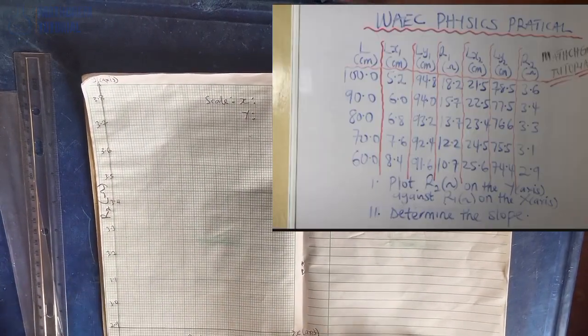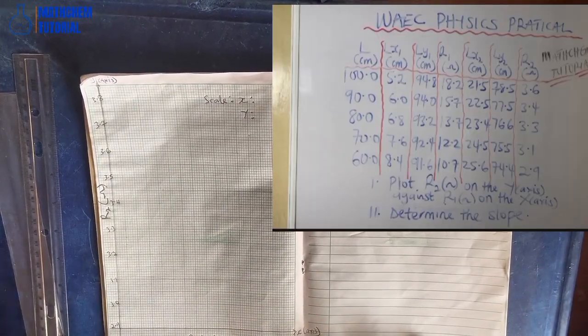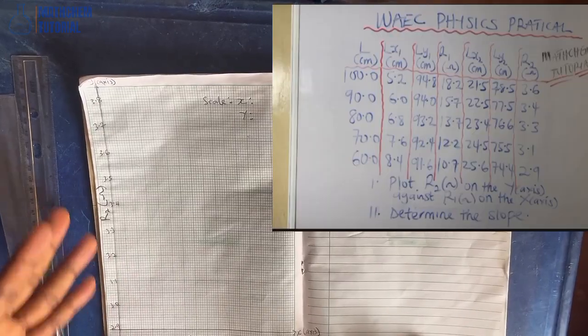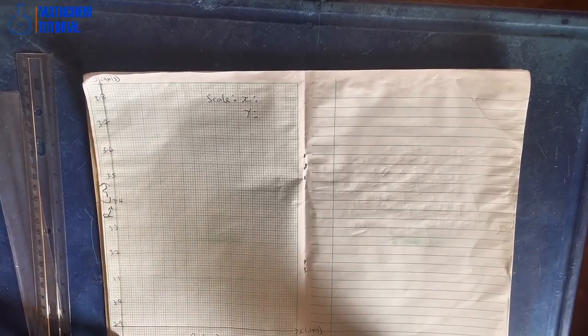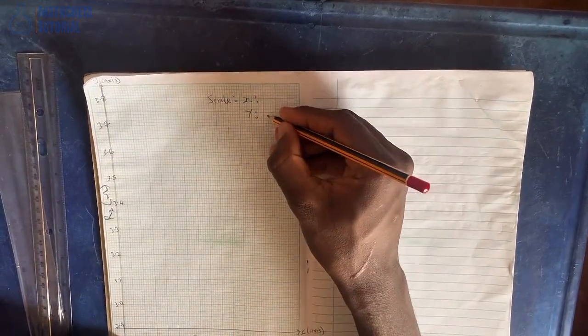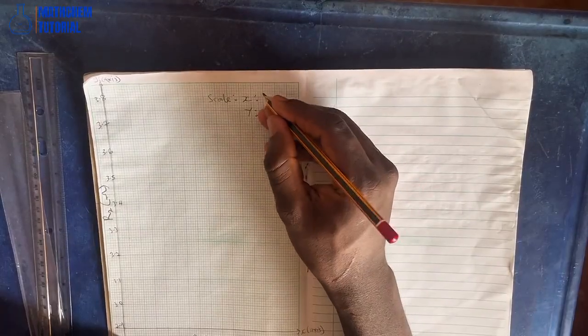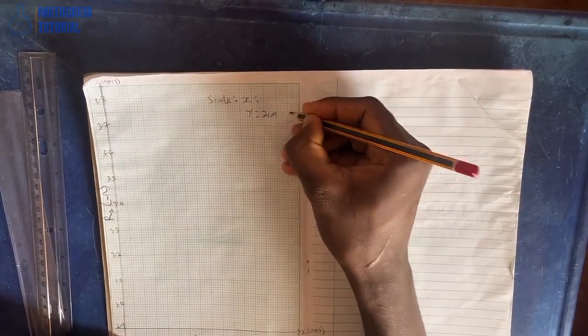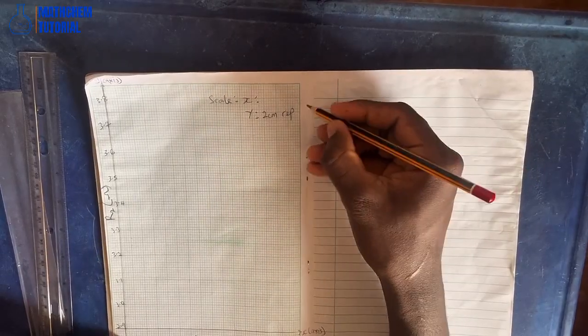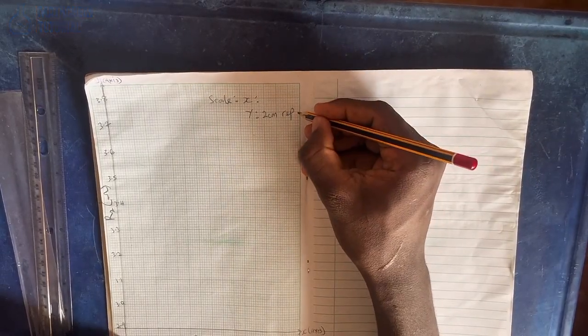Now, what scale did I use for my y-axis? The difference from here to here is 0.1. It is graduating with 0.1. So for here I would say 2 centimeters represents 0.1 units.